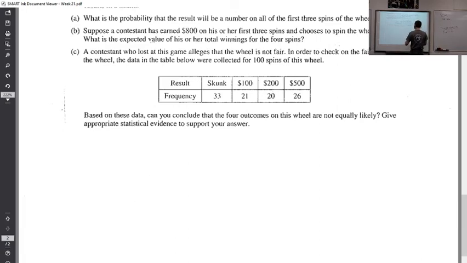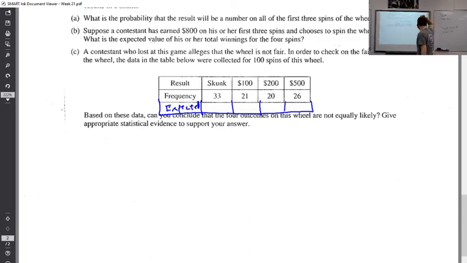Let's get our expected counts. Well, that's actually pretty easy because we're taking 100 spins of the wheel, which we're going to treat as our random sample. We've already got our outcomes being independent. It says that at the top of the question.